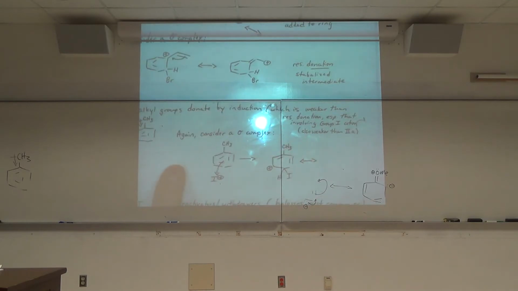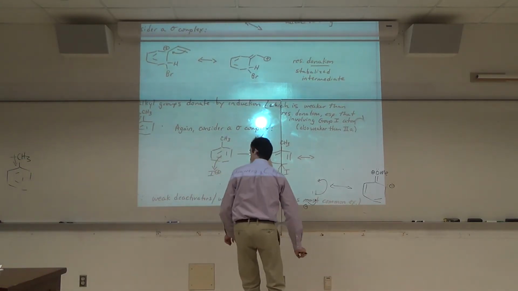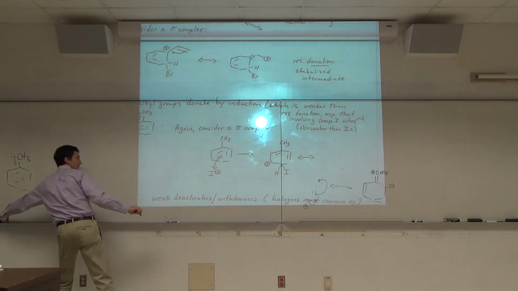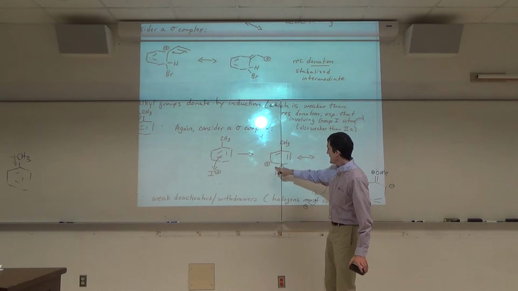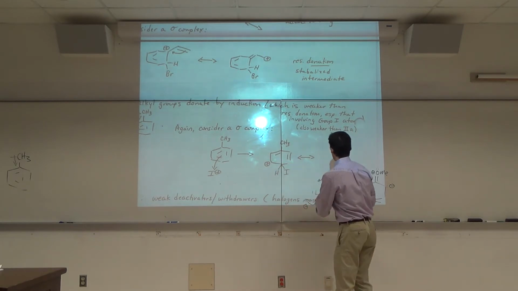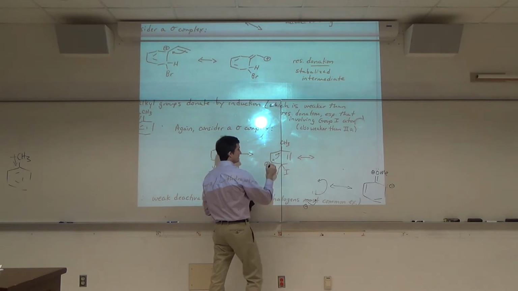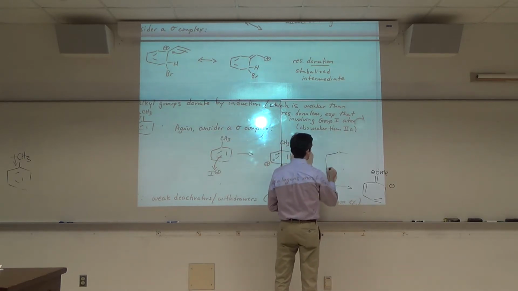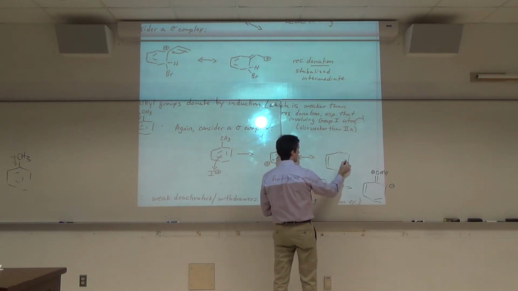That's sort of shown below. We do a sigma complex. Maybe we do an iodination and we add it para. And that gives a cation here. Then we can do resonance. We can always do resonance in the ring. And we get here, here.